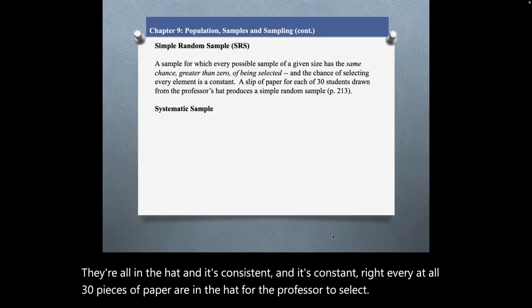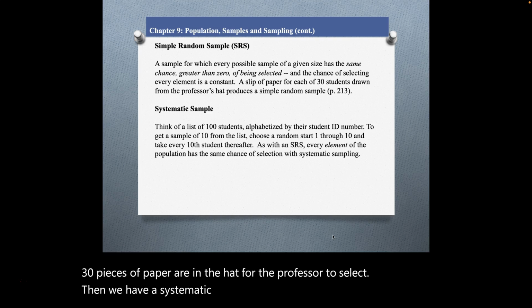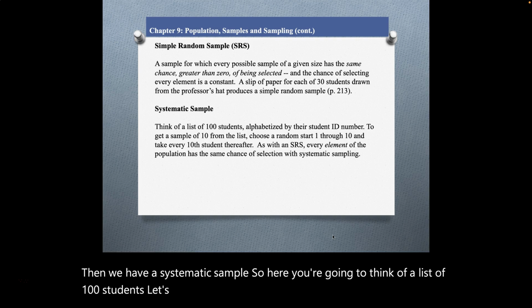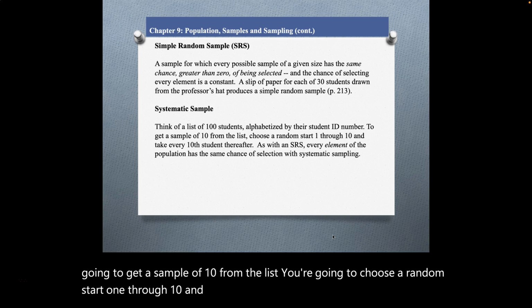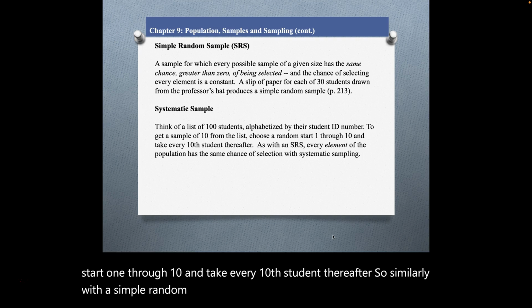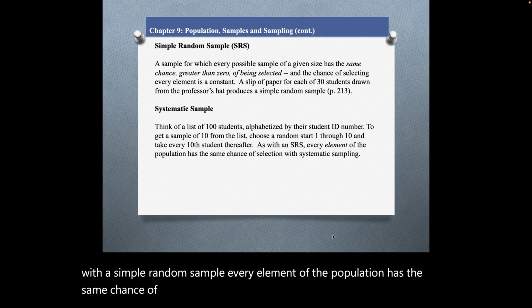Then we have a systematic sample. Think of a list of 100 students, alphabetized by student ID number, and you're going to get a sample of 10 from the list. You choose a random start, 1 through 10, and take every 10th student thereafter. Similarly to a simple random sample, every element of the population has the same chance of selection with systematic sampling.